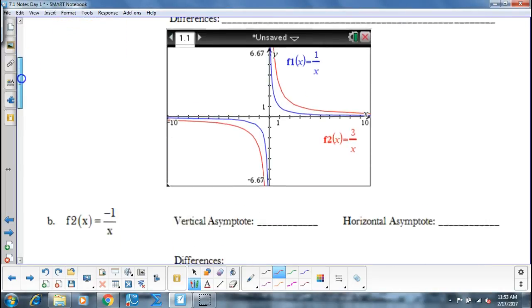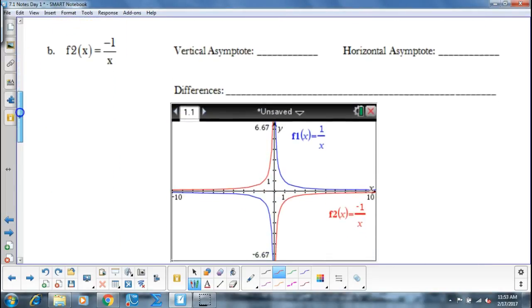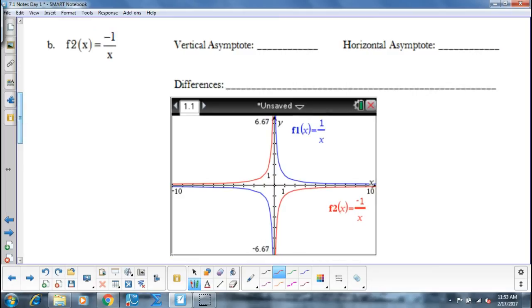Okay? Let's go to the next one. Now we've got our red function, negative 1 over x. What's the vertical asymptote? Still x equals 0. What's the horizontal asymptote? Still y equals 0. But what happened to it? We flip-flopped it, right? We either reflected it in the x-axis, or you could say we reflected it in the y-axis.